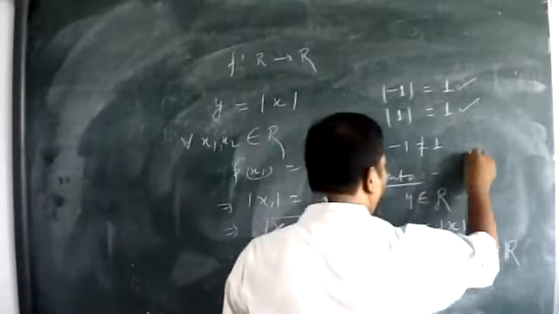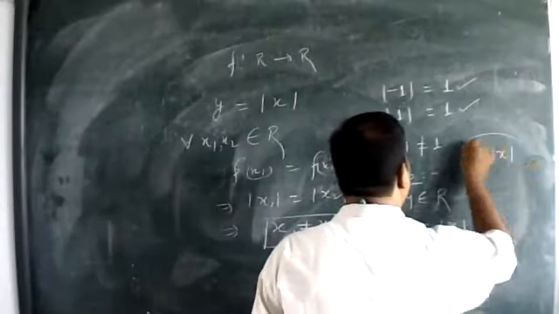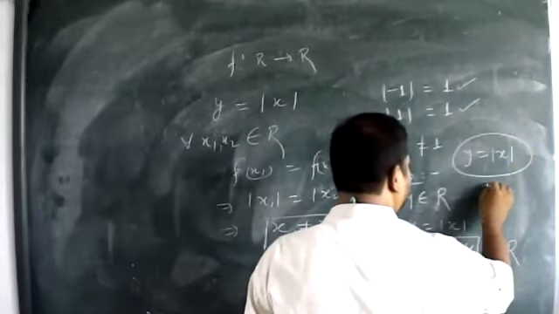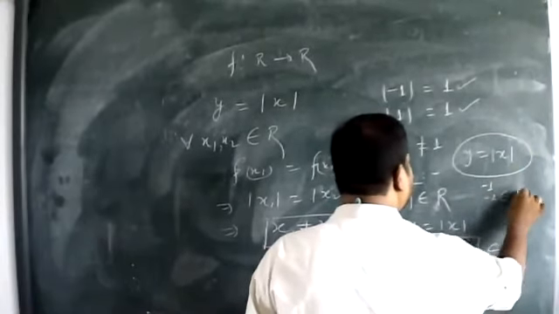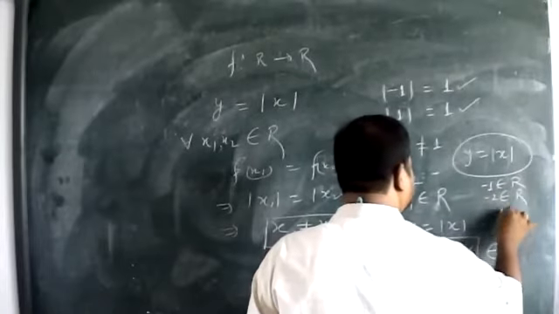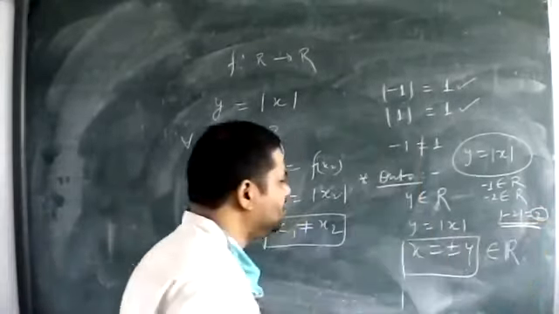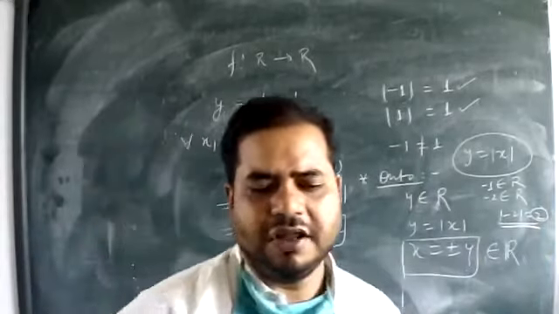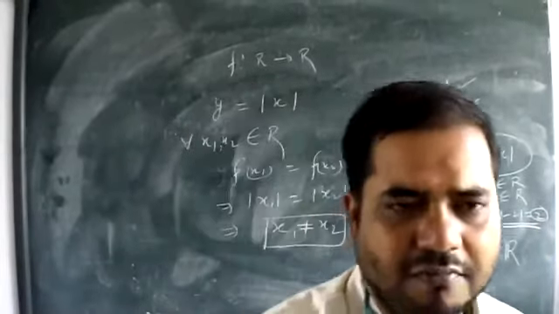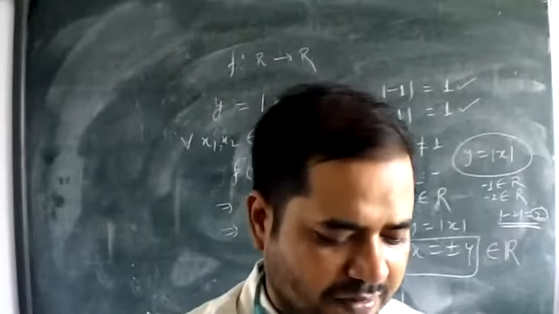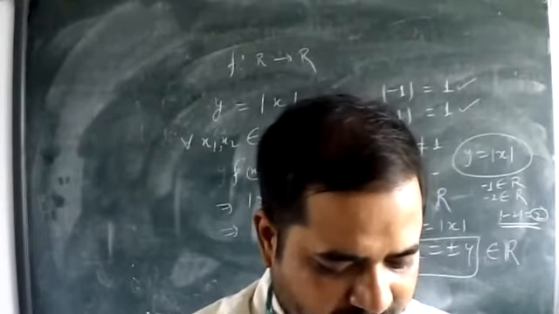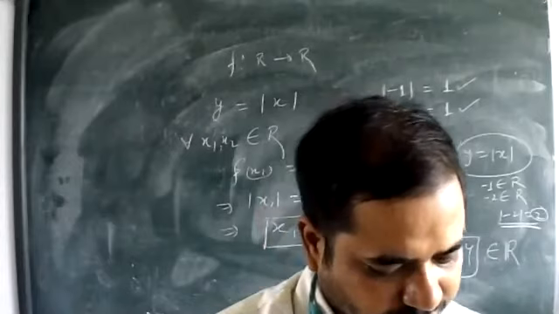Because mod x will always come out positive. You consider any element, -1, -2, in the real numbers, its image will also be positive. So the function is not onto, because there is no pre-image of -2, -3, -4. Okay, so note it down.